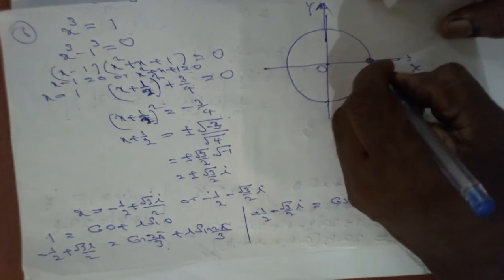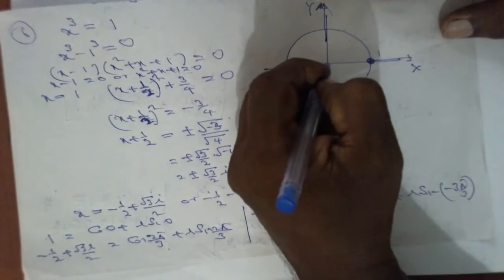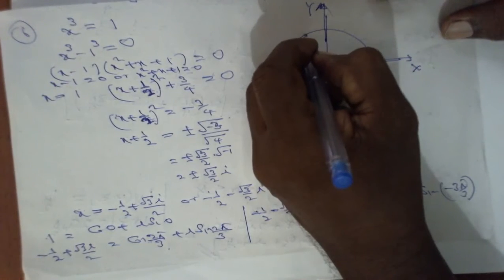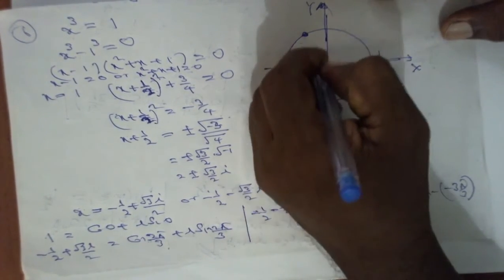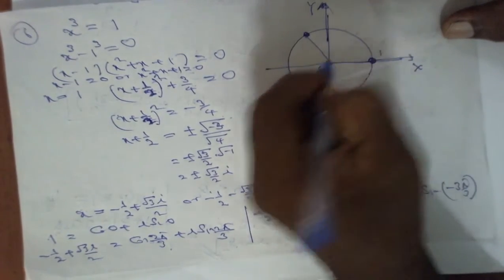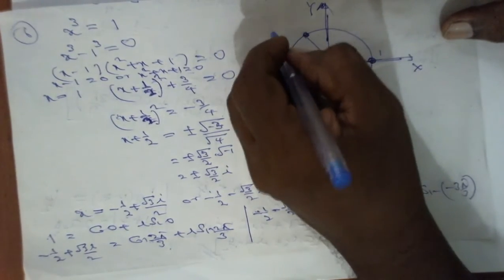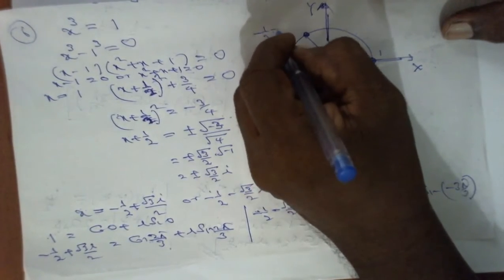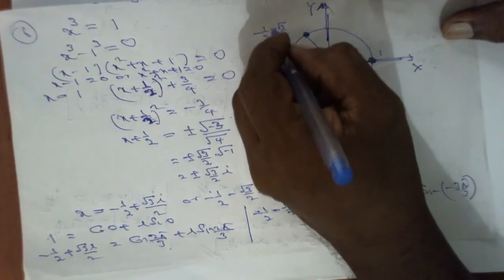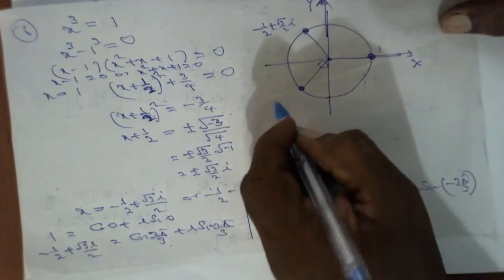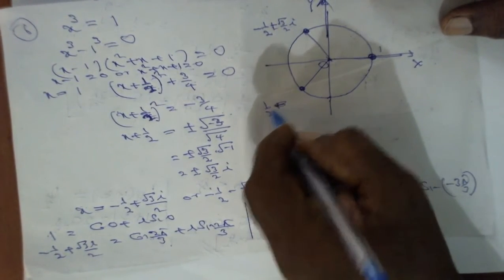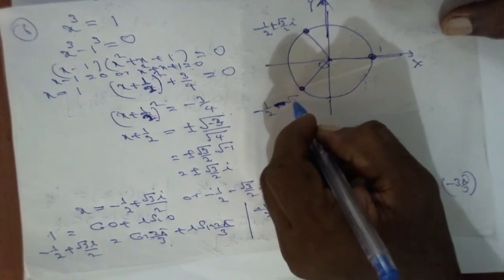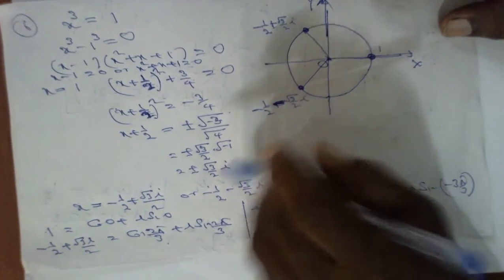And how do you find the roots? Root 1 is 1 here. The other roots are symmetrically distributed like this. These are the three roots. This is minus half plus root 3 by 2 i, this one is minus half, minus root 3 by 2 i, like that.